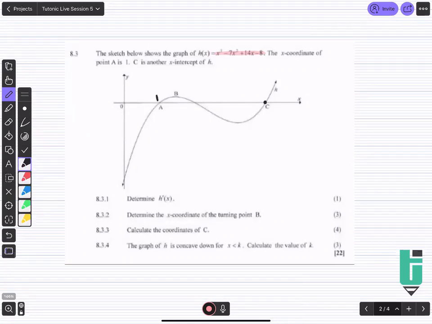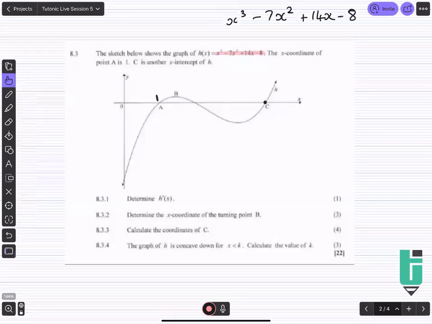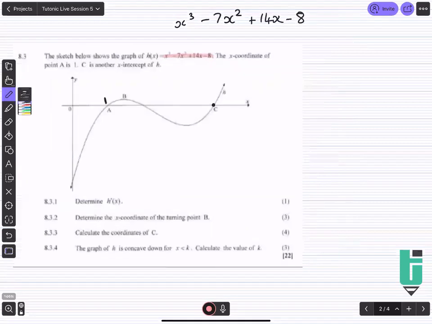Who wants to do the derivative? Kai, you want to do the derivative? Okay, I'll try. It's difficult to see. x cubed minus 7x squared plus 14x minus 8. So it's 3 times x to the power of 2.